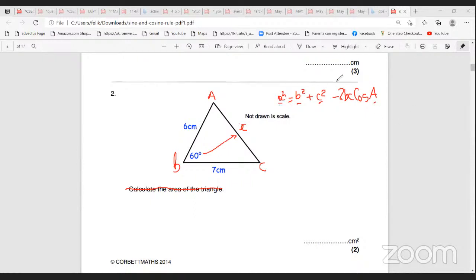So let me highlight that again. For the a squared and A, it's very important what we put there. What we put at a squared and A is either the angle that corresponds with the side that we're finding, or the side that corresponds with the angle that we're finding.